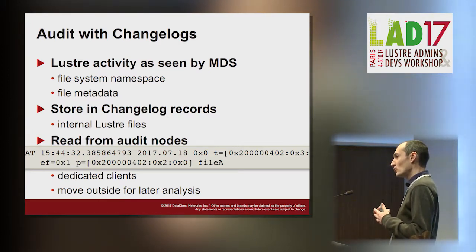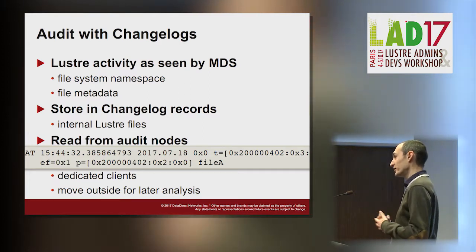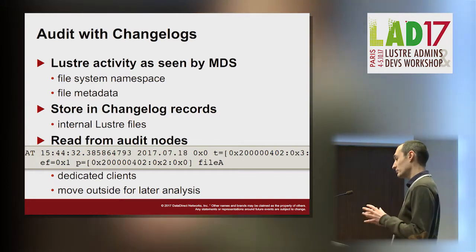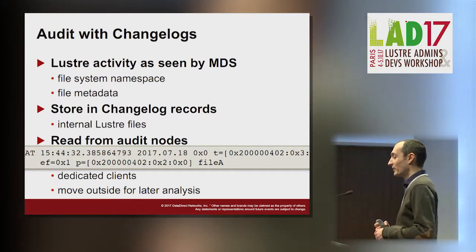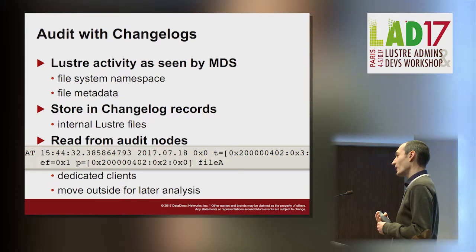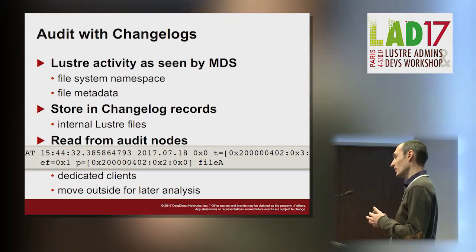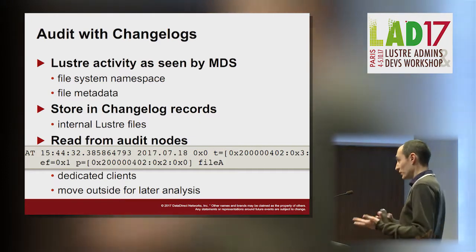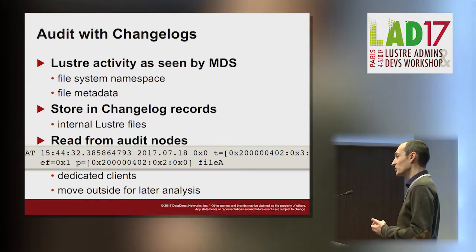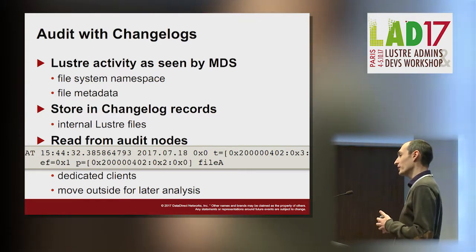Changelogs record two main types of events. They record namespace modifications, and they record file metadata changes. So it's really a perfect match for what we need to have audit. All changelog information is stored inside the MDT. It's a Lustre internal file, so it's centralized, as I said earlier. And in order to retrieve the changelog information, you have to use some special command line tools on Lustre clients.